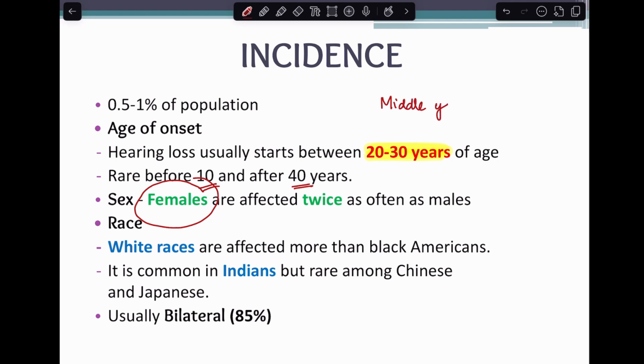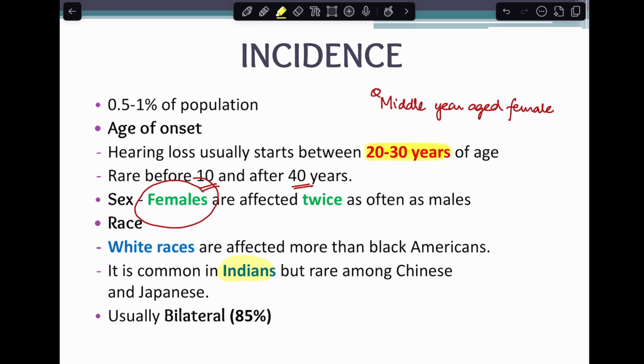mention a middle-aged female coming to you with bilateral conductive hearing loss. That is a typical MCQ question. Other than this, with regard to race, we have seen that white races are affected more than black Americans, and this is also a very common disease amongst Indians, but very rare amongst Chinese and Japanese.